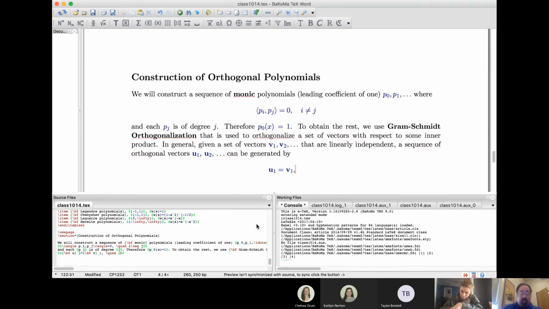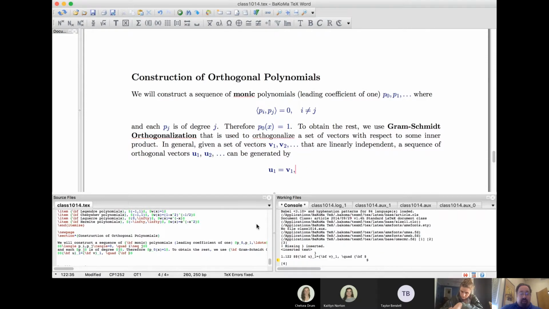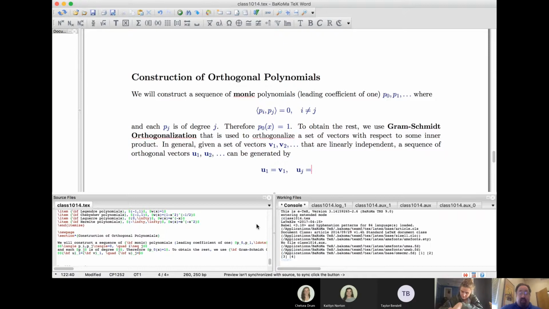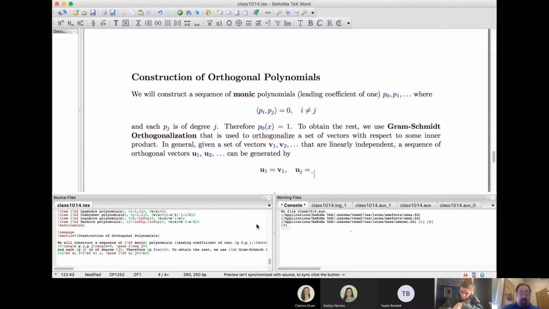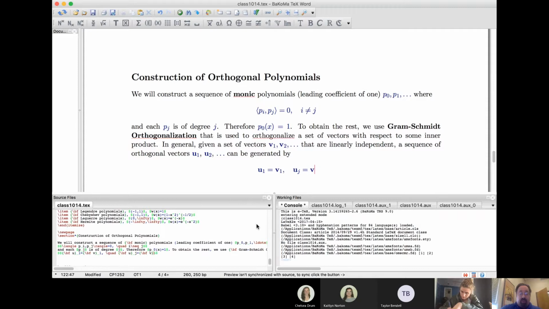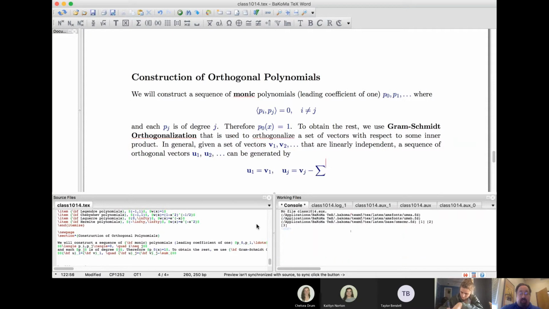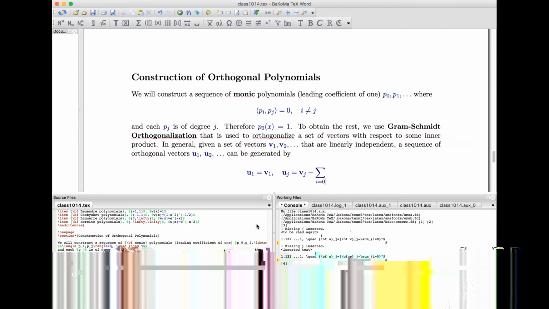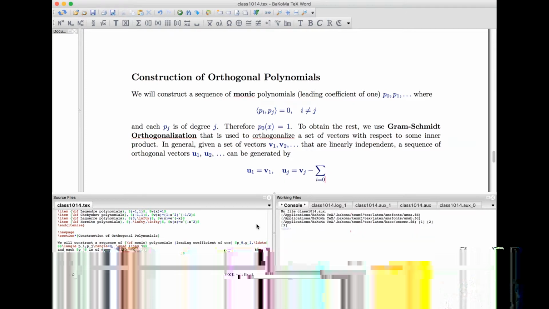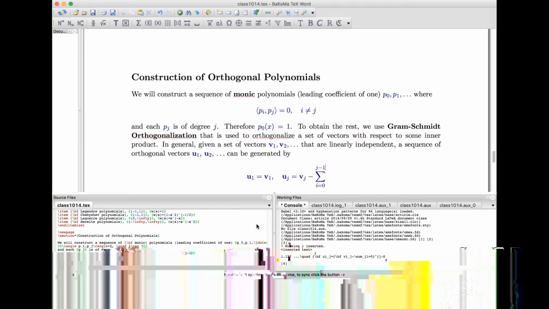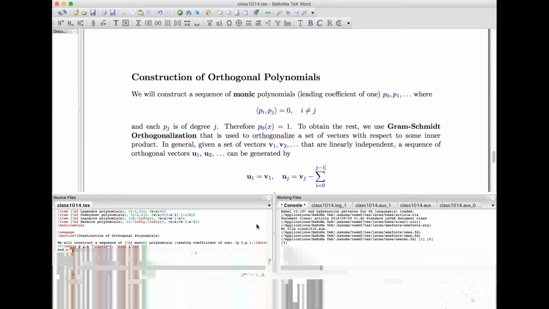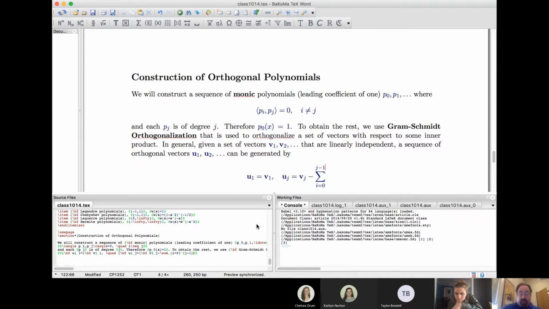And then each new u vector has to be generated in such a way that it is orthogonal to all the rest. So you set each new u equal to the corresponding v, and then you subtract off several terms that make it orthogonal.